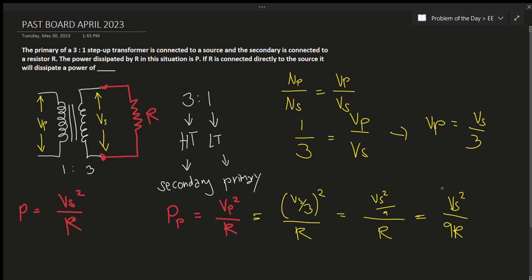As you can see, this part here, Vs squared over R, is simply P, right?